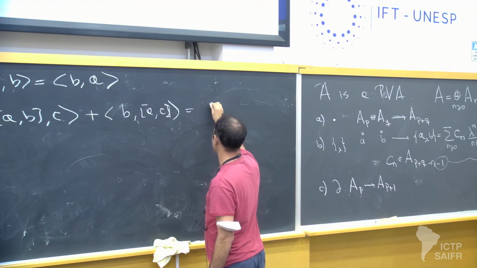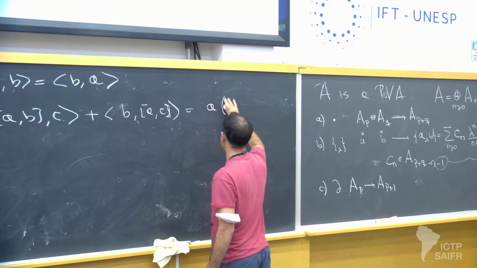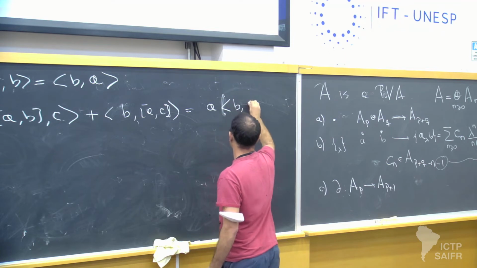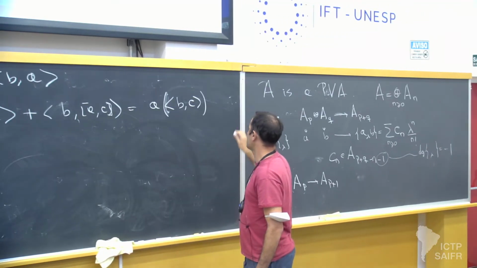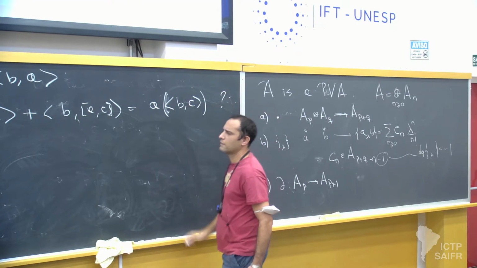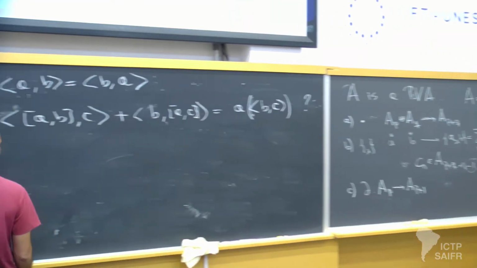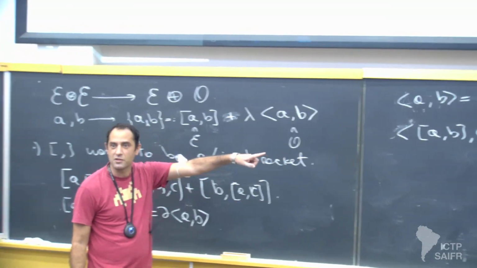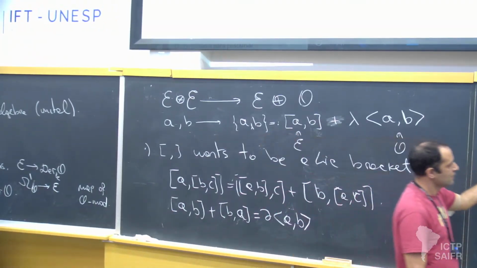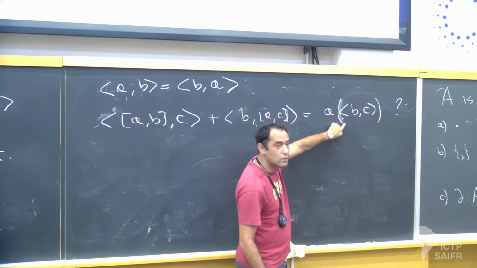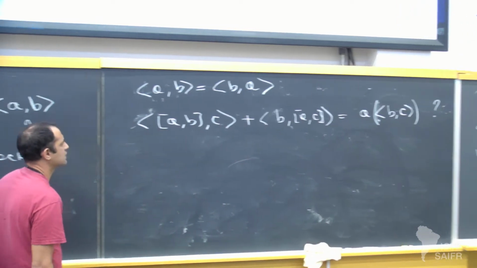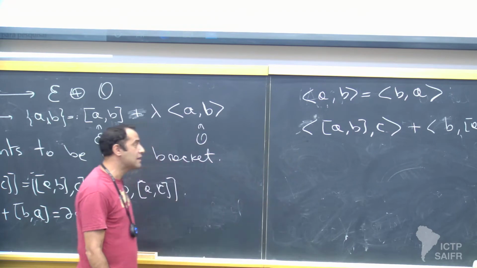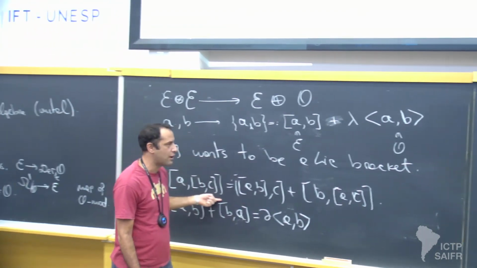I suppose that this is probably the action of A on BC. That I think is correct. I don't want to waste your time and my time checking whether that's what appears on the other side. But the point is that you get something new, because of the action by the derivations. So the pairing is not invariant for this Lie bracket.